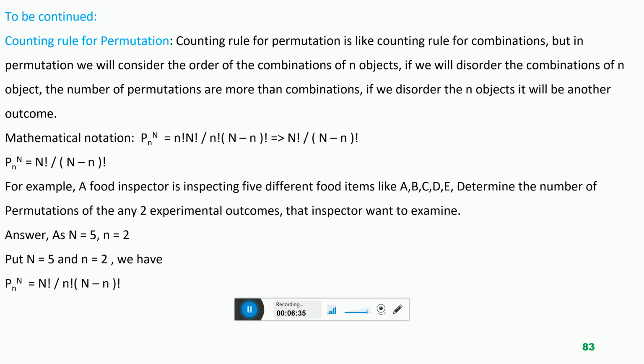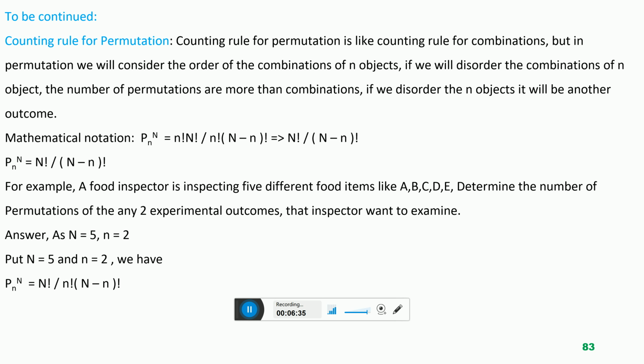We discussed the same example in combinations also. I am repeating to make it clearer: the total large group of objects is 5, A, B, C, D, E. These are 5 food items, but the inspector is choosing only 2 of them.